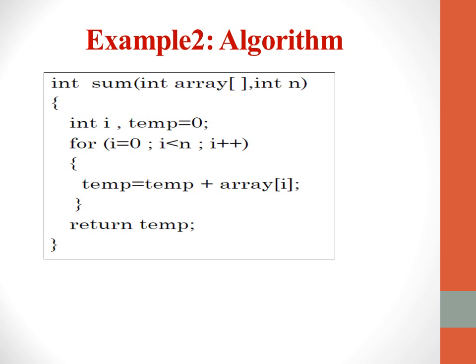So for the fixed part, 3 byte codes will be required for i, temp and n. But the array is a variable part, it depends upon the value of n. So now let us analyze how we can write the memory requirement for this code.